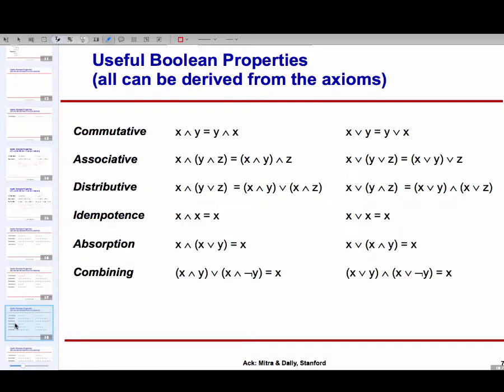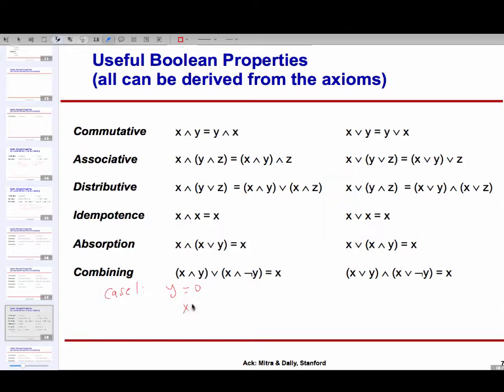And you can again check to prove it. Let's take the case y equal to 0. The first term, x and 0, would be 0. The second term, x and not 0, is the same as x and 1, which is the same as x. So I have 0 or x, which is x. Let me write it down for this one. So let's say case 1, y equal to 0.